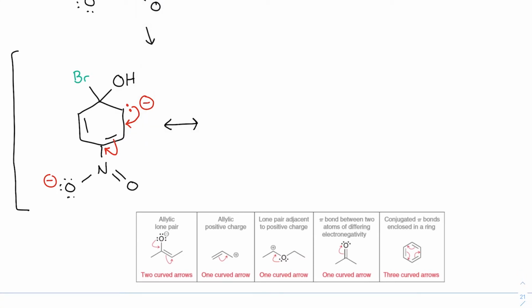So let me draw this new resonance structure. So now this has formed a pi bond here. The pi bond on the other end is still there. We have our bromine and our OH. And here we have the nitro group.